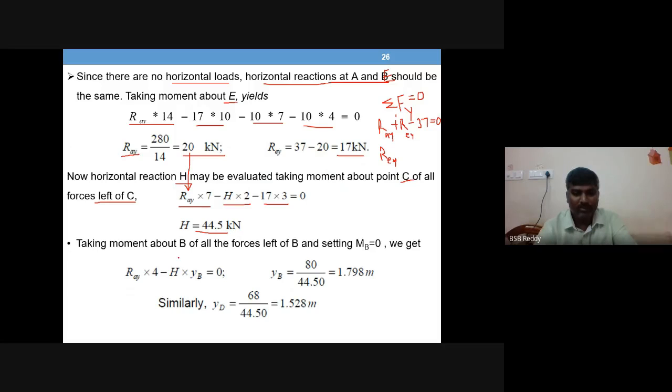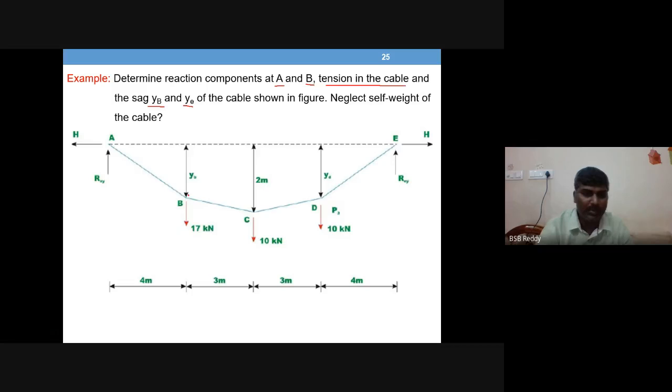Next, take moment about B of all the forces to the left of B. So you take a section now at B. In the previous case we didn't know the H value, so we needed the sag value. Now it is reverse: you know the H value now and you don't know the sag value. So take a section at B, sum of all moments to the left.